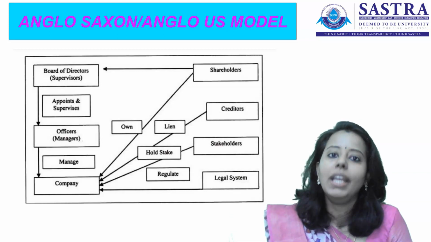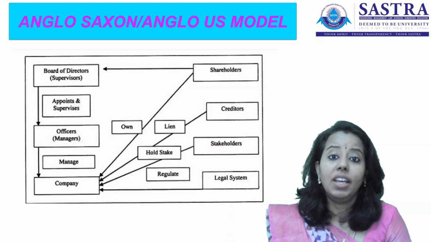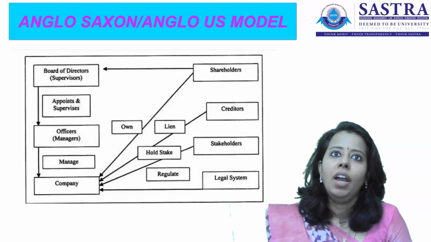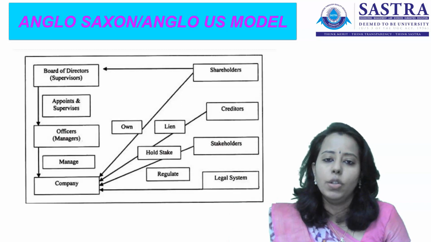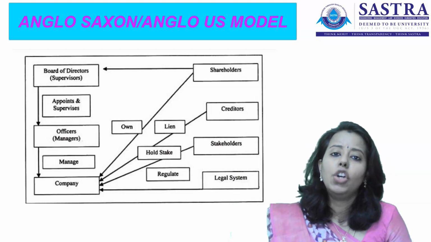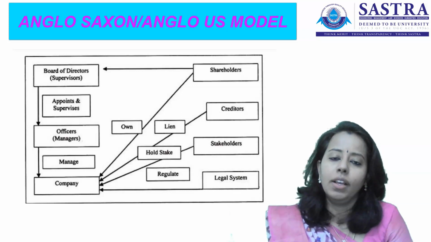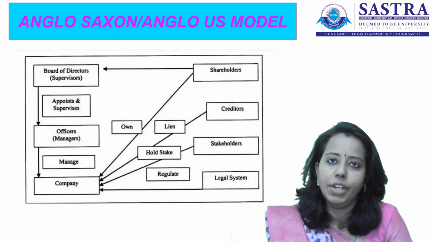This is the base of corporate governance in countries like Britain, Canada, America, Australia, including Commonwealth countries, which includes our country also. We have adopted this as well, because we have a mix of models, and what we are adopting will be discussed in a separate session about the Indian model of corporate governance.